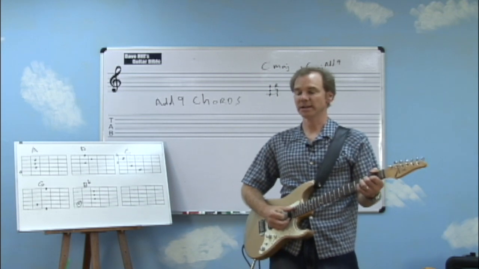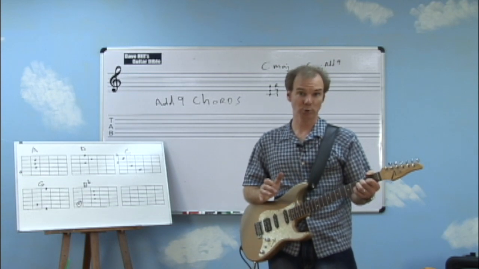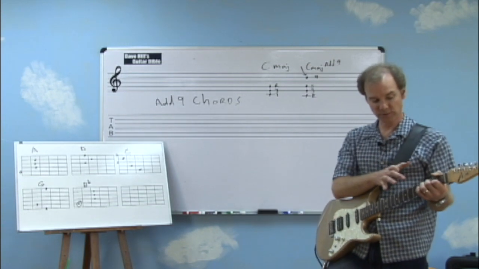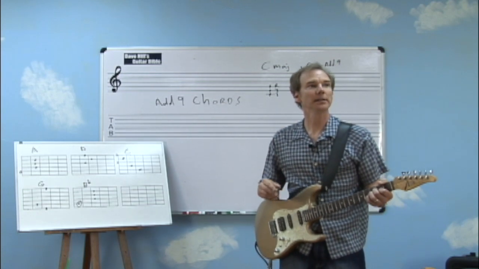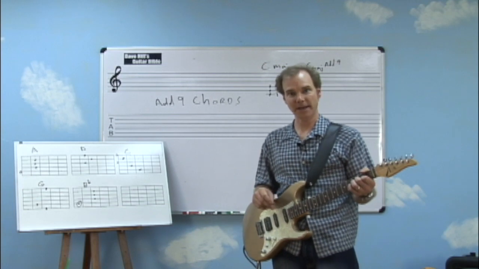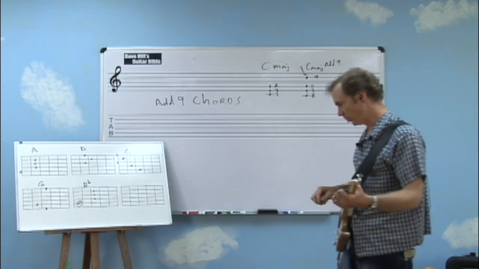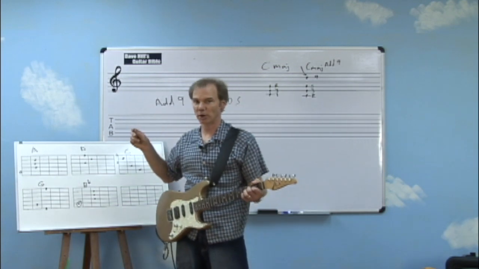Okay, the reason I want to do that is because I want to take those open string chords and do some stuff with them that's going to make them cool. Because even open string chords, as much as they seem like basic things, you can really make them a lot more interesting by doing other things to the chords, and we're going to spend some time on that in this lesson.